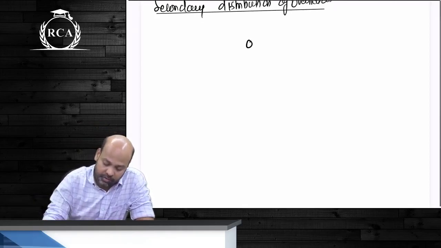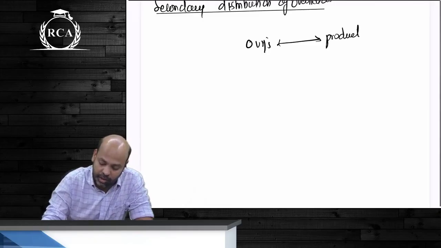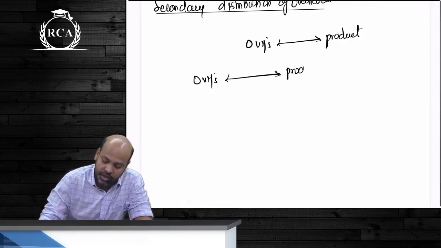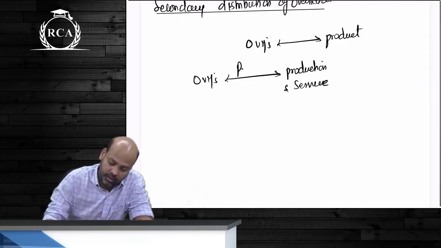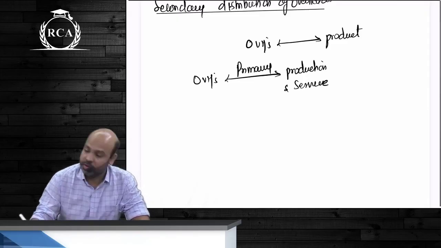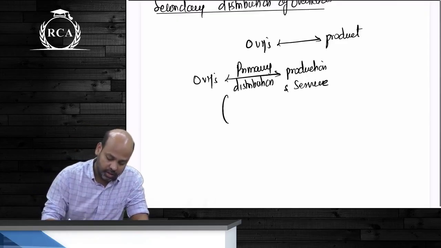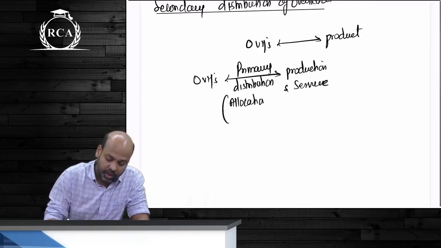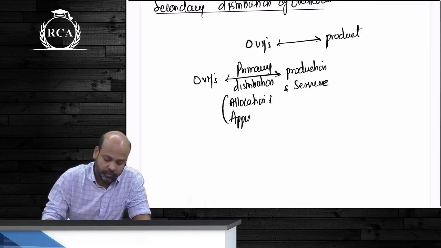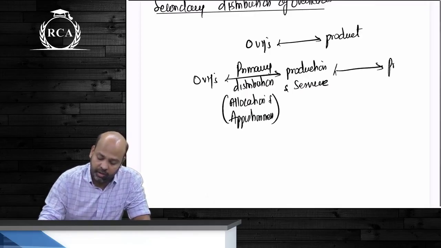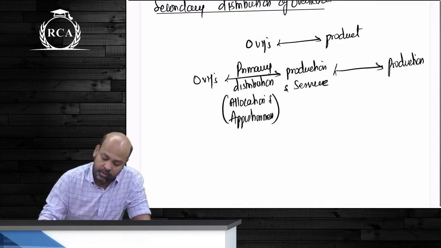So what did we just do, guys? The end goal was what? Overheads to the end product. Instead of allocating overheads directly to the end product, what did we do? First, production and service departments. This is called as what? Primary distribution. This primary distribution includes allocation and apportionment. After that, what we did, beta, is we transferred cost from service to production.